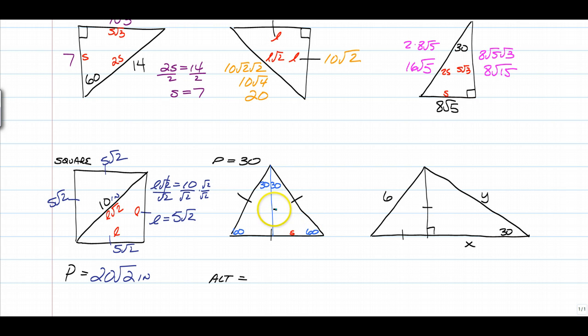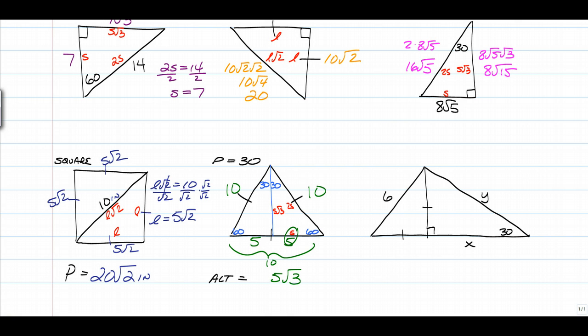So this is your S, this is your S root 3, and this is your 2S. So if the perimeter was given as 30, then all of your sides are 10, 10, and 10 for the whole thing, which got split into 5 and 5. So we can see that S is already 5, so your altitude is just going to be 5 root 3.